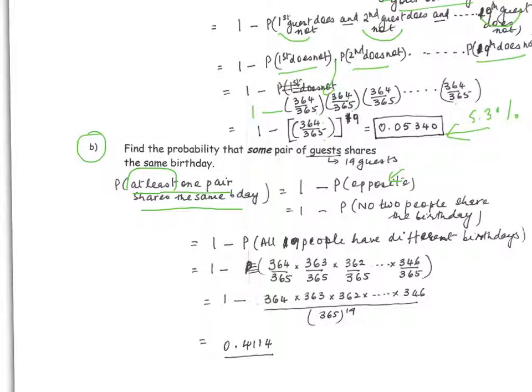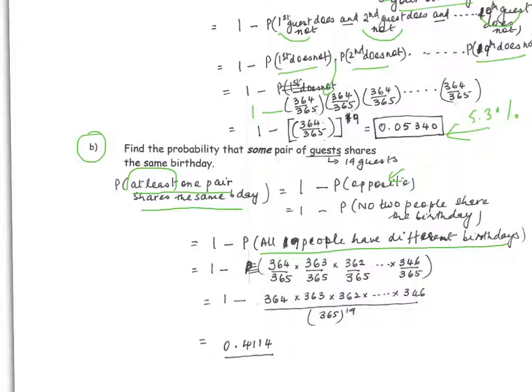What does that really mean? It means that no two people share a birthday, which means all 19 people have different birthdays than each other and, of course, yours.